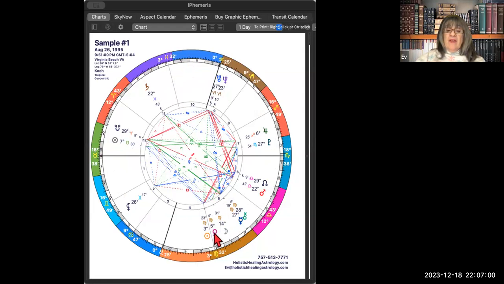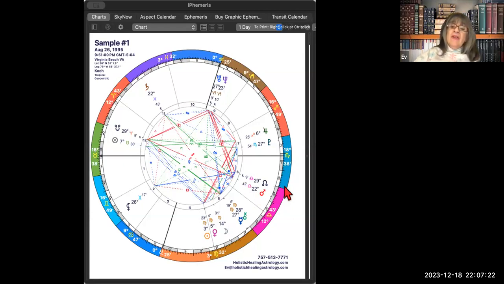And we have Venus, 5 degrees Virgo, 4 minutes. And then we have Mars, 22 degrees, 42 minutes in Libra. And those are the personal planets that we just looked at.